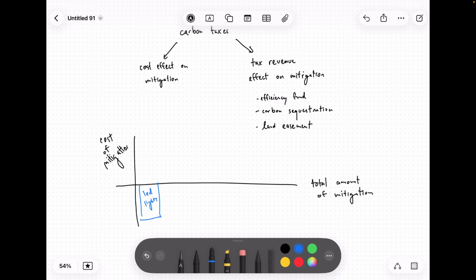Some things are going to be negative cost, which means you would probably partake in these no matter what, because they're economically efficient. In the McKinsey curve, you order mitigation options from least cost to most cost, and then you can see how much gets mitigated.